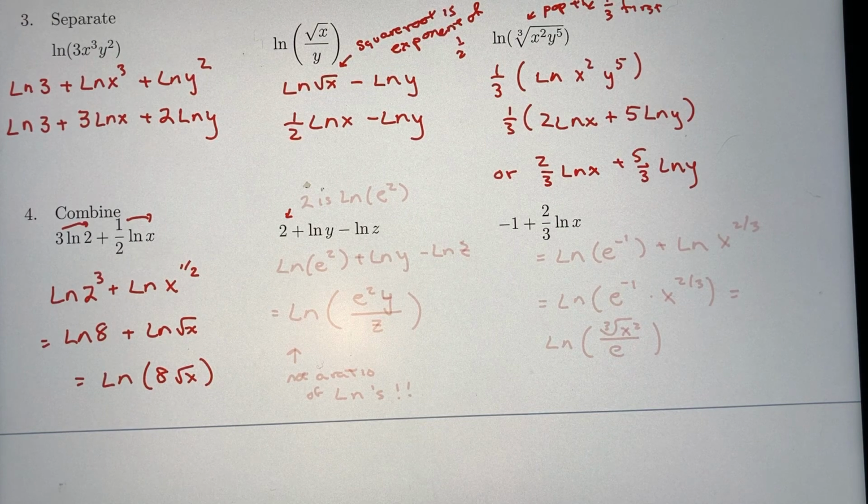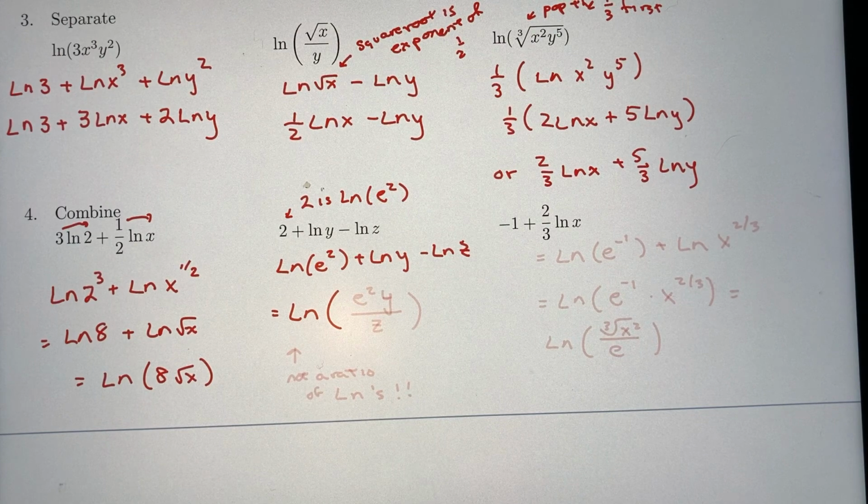How do we do this? 2 is ln of e squared. Okay, one big honk in ln.